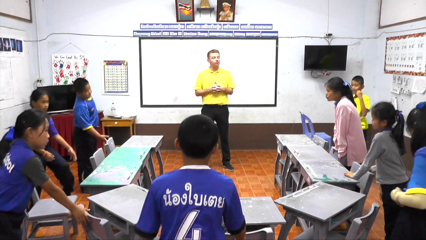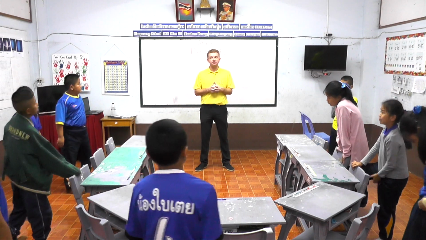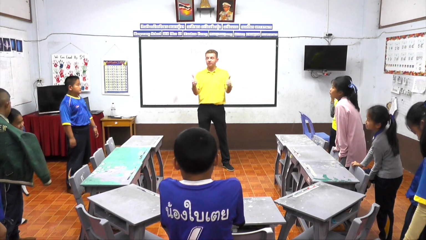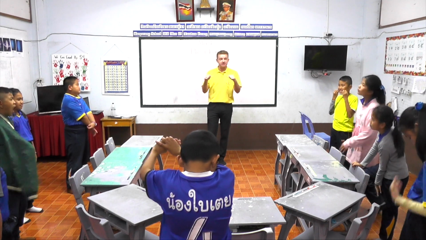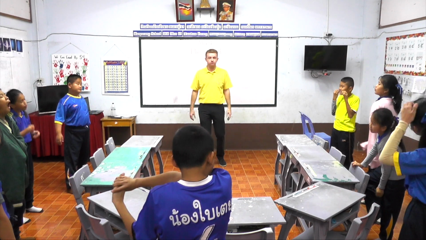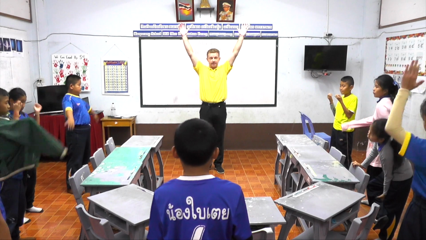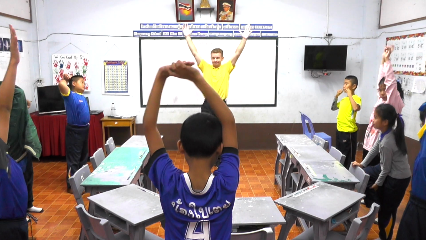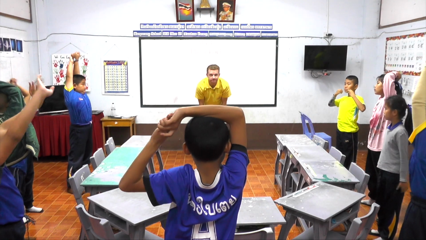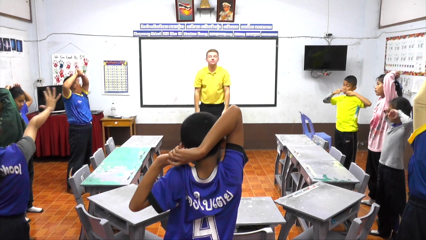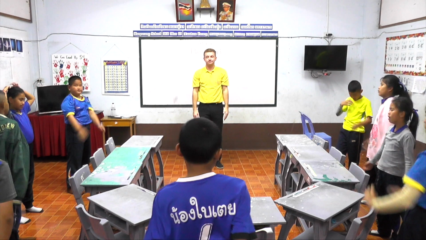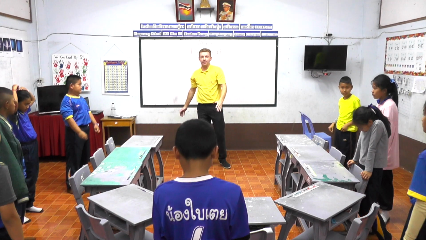And for this sequence, we'll have a game of Teacher Says. So listen carefully. If Teacher says, we can do. If Teacher doesn't say, don't do. So, Teacher says, arms in the air. Arms down. Teacher says, arms down. Teacher says, turn around.